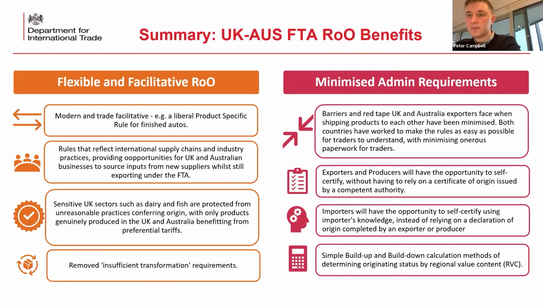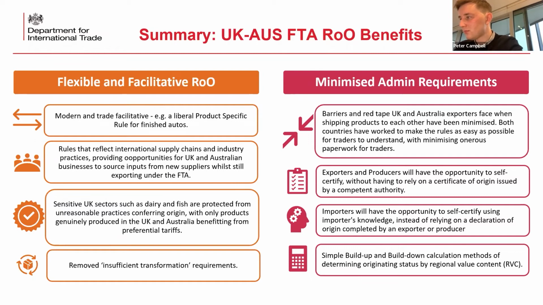So we believe that we provide significant benefits for traders in both parties, which can be broadly placed into two categories: flexible and facilitative rules of origin, and also minimized admin requirements. We've looked to develop a route that's both modern and trade facilitative. An example of this would be the inclusion of an RVC25 for finished cars, the most liberal of its kind for this good, which will assist in transitions towards trade in eco-friendly vehicles.